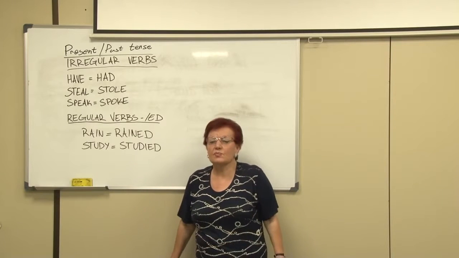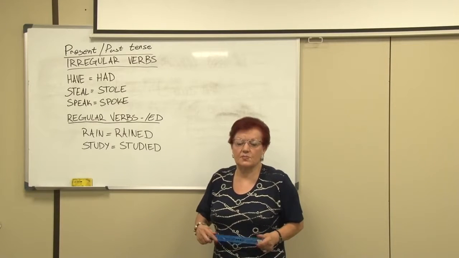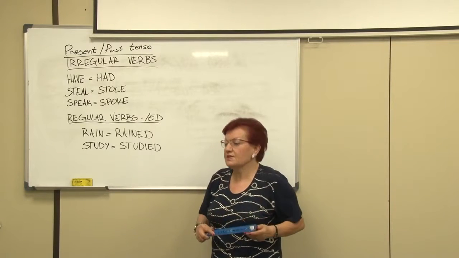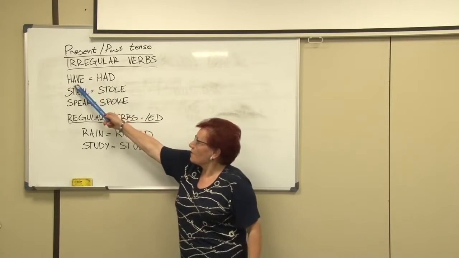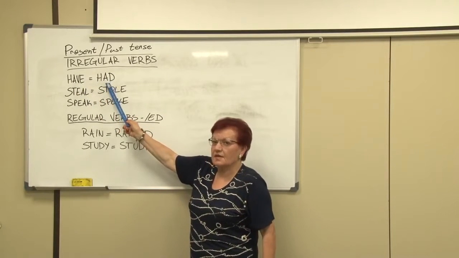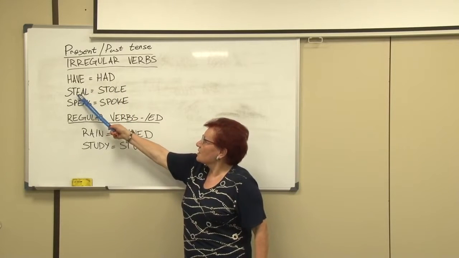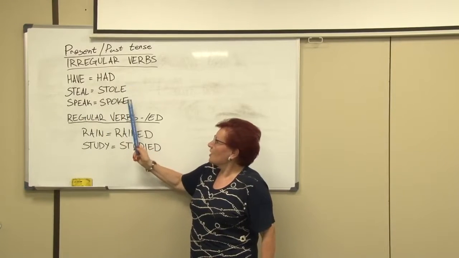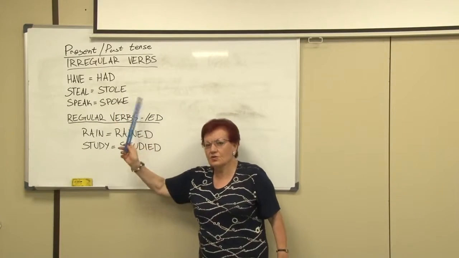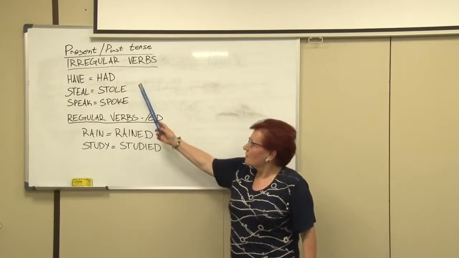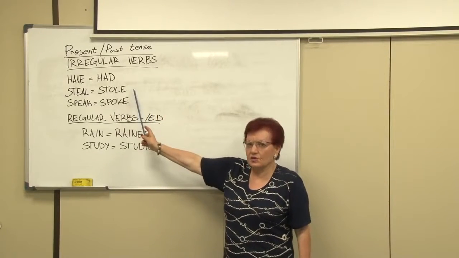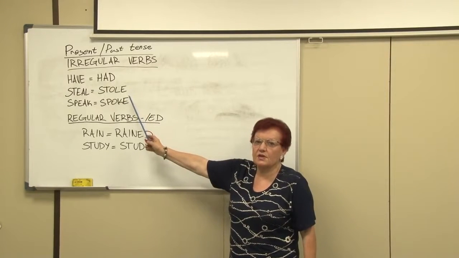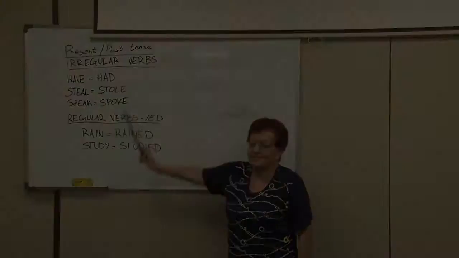It is impossible to seek any rule explaining how they change from present into past simple tense. So have in present is had in past simple tense. Steal becomes stole. Speak becomes spoke. That is why irregular verbs can be learned properly only with repeating, reading through materials and learning by heart.